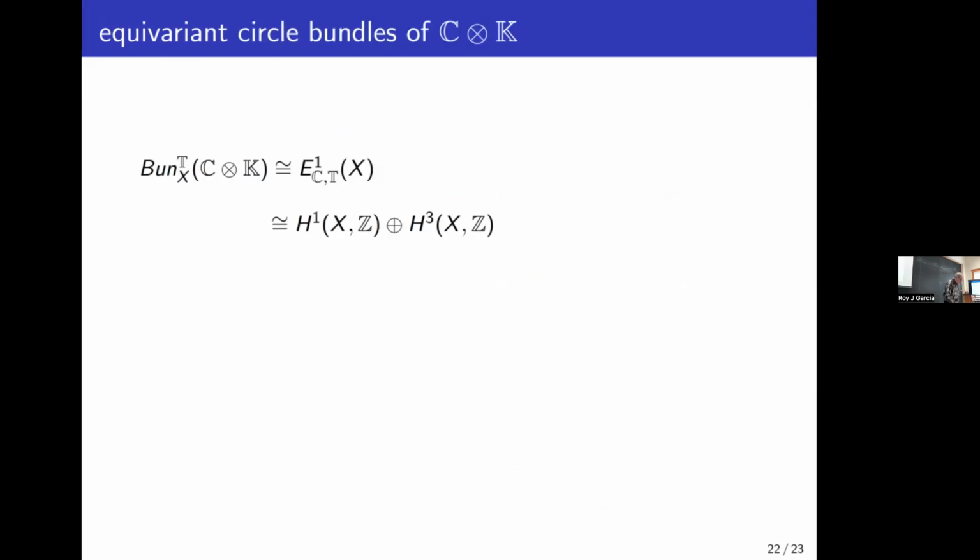Just to finish with this now. Suppose we look at the simplest possible case where we have bundles of basically the compacts. Now, in that picture we have here, where we compute, we get H1 plus H3.